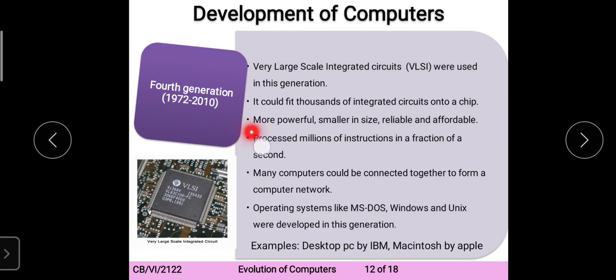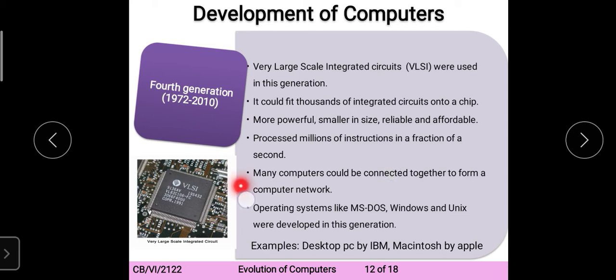It is more powerful, smaller in size, reliable, affordable. It processes millions of instructions in a fraction of a second, not in a second. You know the meaning of fraction that you already learned in mathematics.